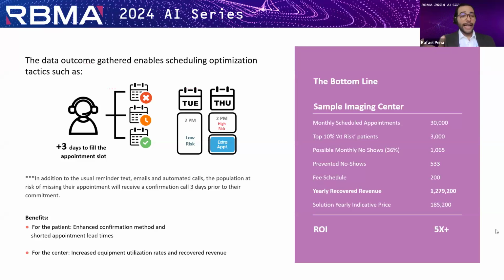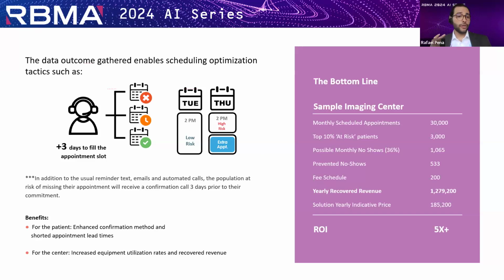Let's say that you have 1,065 potential no-shows, and then you are able to prevent 533 of them, which is roughly 50% of your appointments at risk. Let's say you have an average fee schedule of $200, which leads to a yearly recovered revenue of roughly $1.3 million.